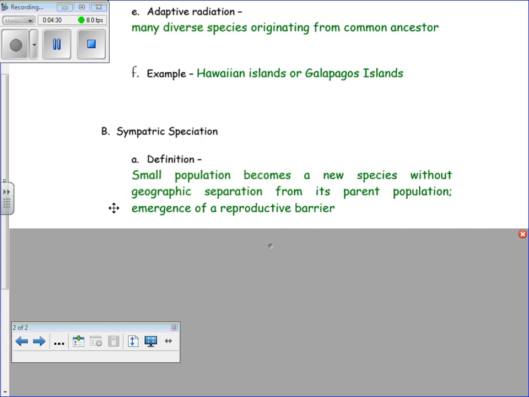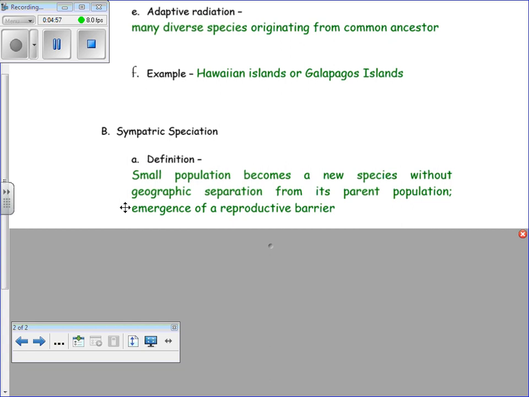I mentioned the term polyploid in class. This is where there's an extra set of chromosomes. If that were to occur because of a complication during meiosis and the offspring were viable, then some individuals in the population may have a whole extra set of chromosomes and can no longer reproduce with the original population that had only the single set of chromosomes.